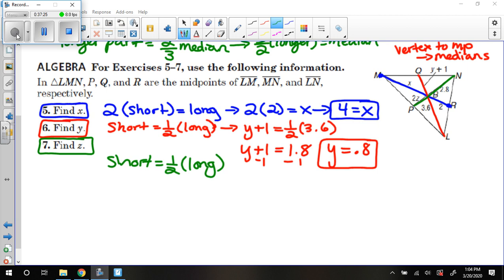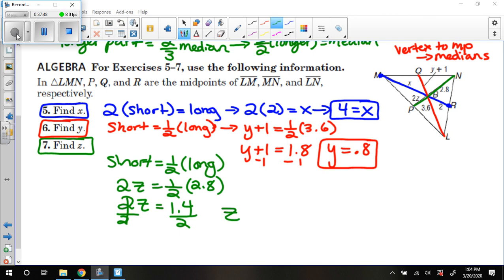The short piece on my picture is 2z, and it's going to be half of the long piece in the picture, which is 2.8. So we've got 2z equals 1.4, and we divide by 2. And so z is going to be 0.7.